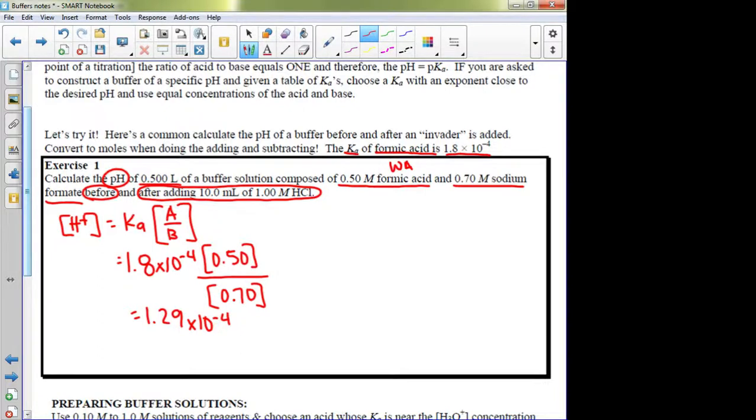Now that I have the concentration of hydrogen, can I find my pH? Yes. So pH is equal to the opposite log of 1.29 times 10 to the negative 4. So my pH is equal to 3.89.